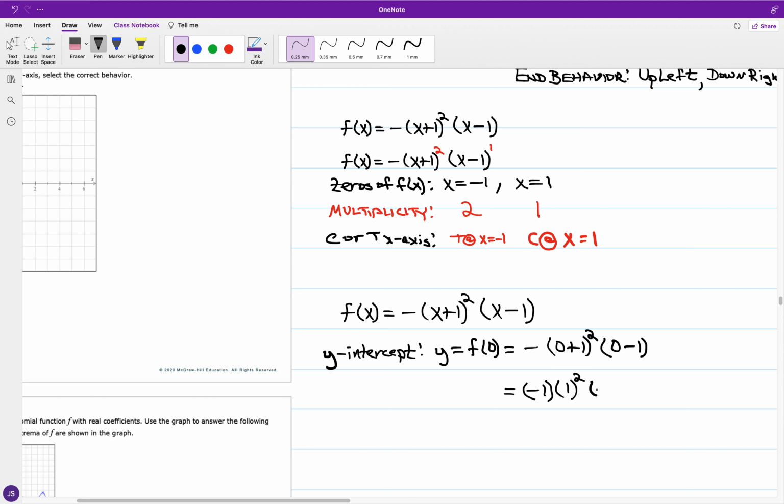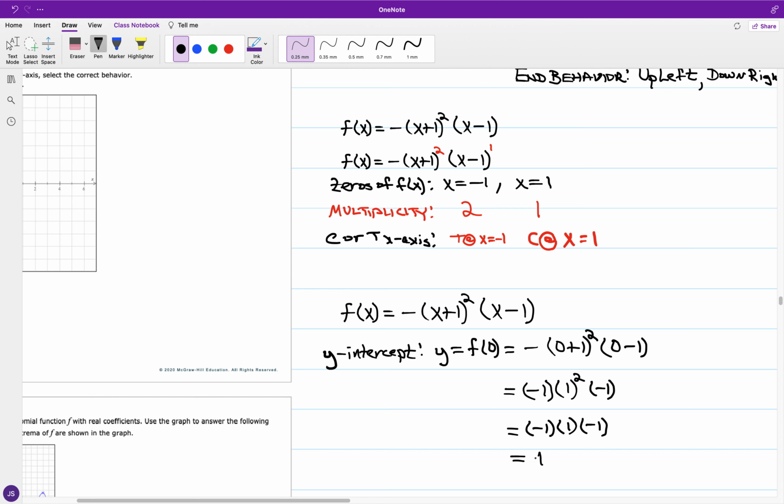0 minus 1 is -1. Square of 1 is 1. And multiplying together, the outcome comes out to 1.